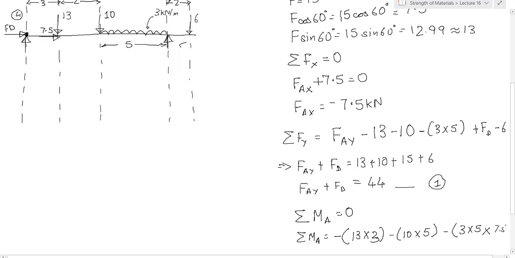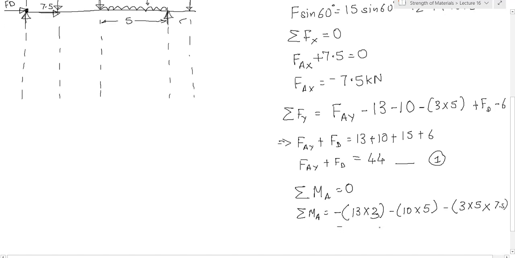Then we have minus 6 into 12, and plus FD into 10. All the other forces are acting downwards and rotating it in clockwise direction about the point A, whereas FD is rotating it in anti-clockwise direction, therefore plus for FD.